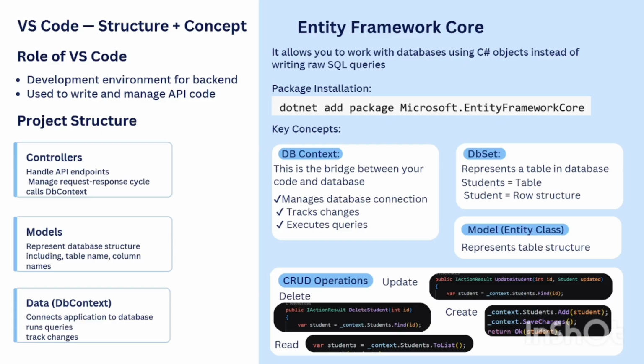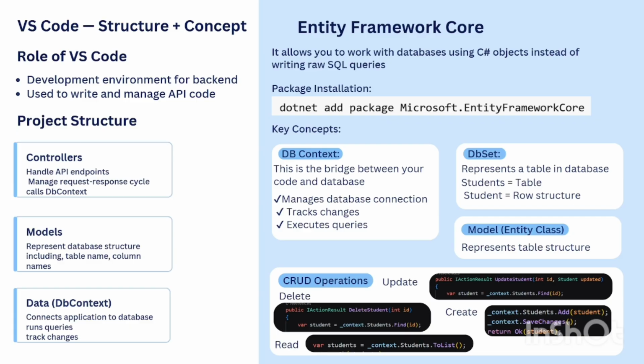Second folder is models. Models represent database structure, including table name and column names like ID or name. Then comes our data folder. This folder connects our application to the database. This is the folder that runs the query and also tracks the changes.